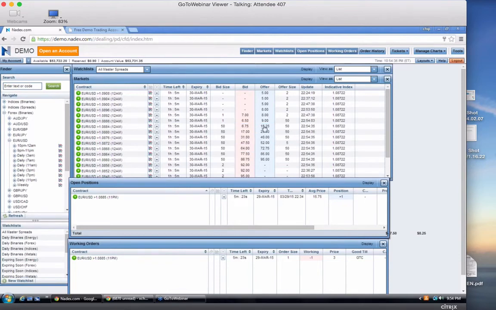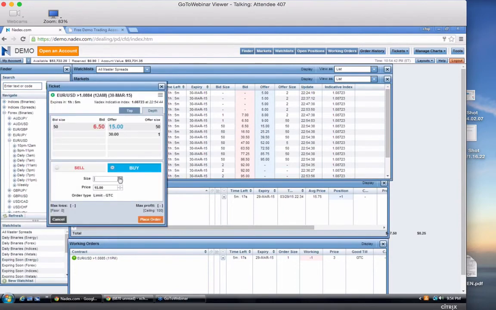So we're going to buy the binary at $15. That's how much we're willing to risk. If we're right that the spot euro finishes higher than this 188.4, then we're going to get $100. Out of the 100 it cost us 15, so we make 85.